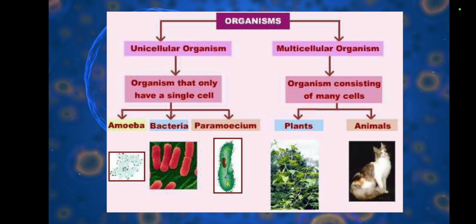So us animals are dependent on plants, on autotrophs. If plants are called autotrophs, animals and humans are called heterotrophs. Heterotrophs in the sense that we are the organisms that cannot produce our own food.